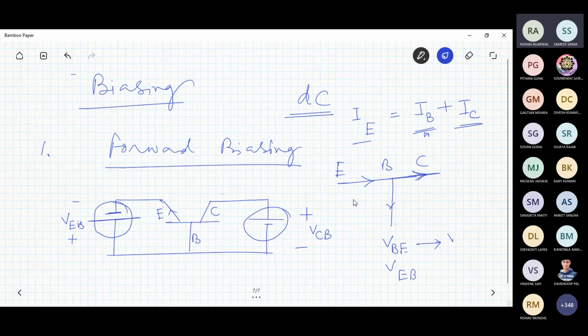VBE indicates VB is greater than VE. VEB indicates the emitter voltage is greater than VB. So there is a plus-minus difference between VBE and VEB. While using this notation, you should be careful which particular terminal is more positive compared to the other.